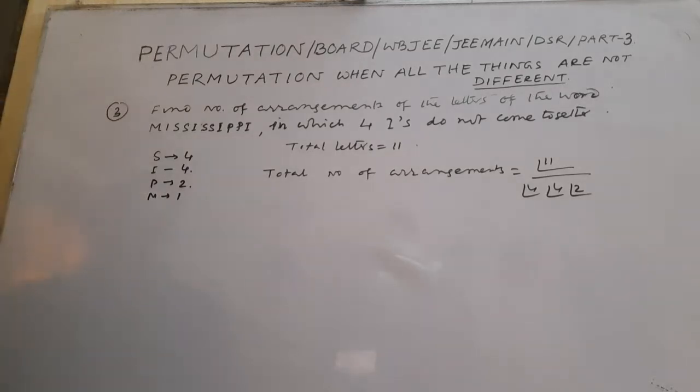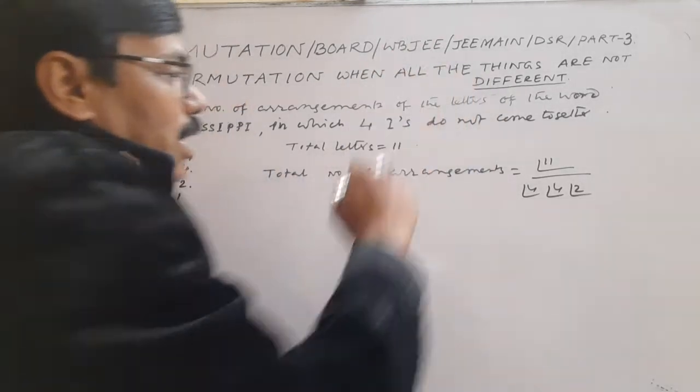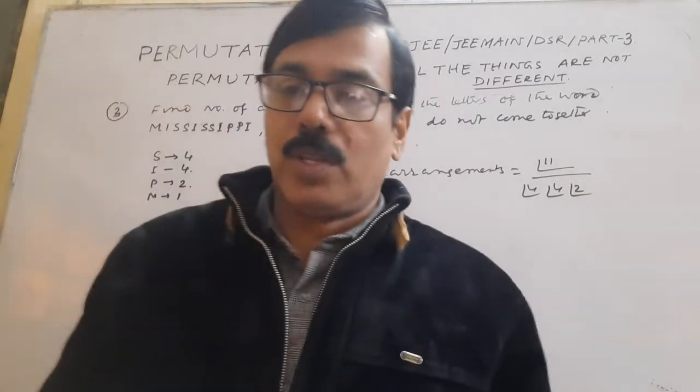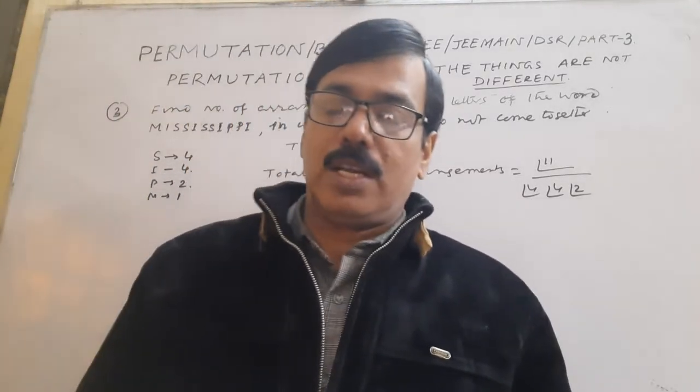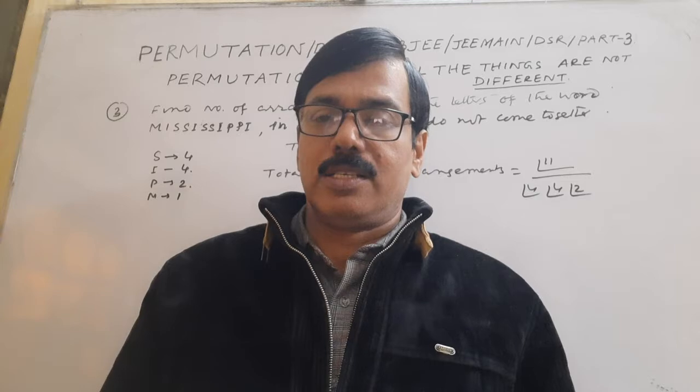Now we consider the number of arrangements in which 4 I's are together. So if 4 I's are together, we consider 4 I's as a single one.